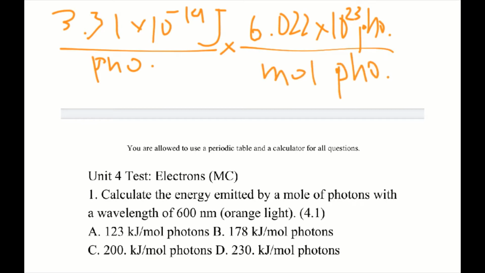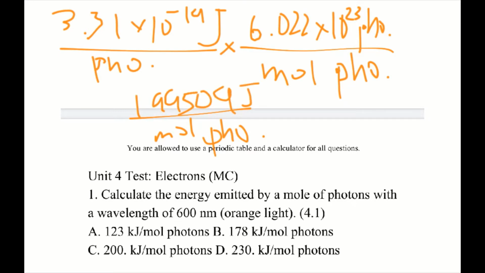Doing the math, times 6.022 times 10 to the 23rd, we get that in a mole of photons there is approximately 199,509 joules of energy. We have to make it in kilojoules, since the answer is in kilojoules.